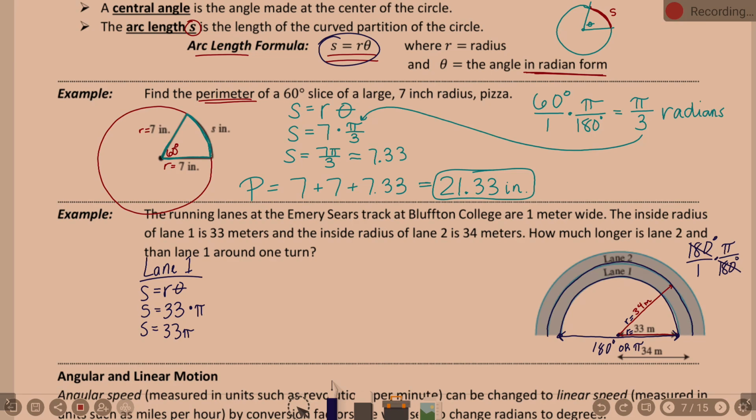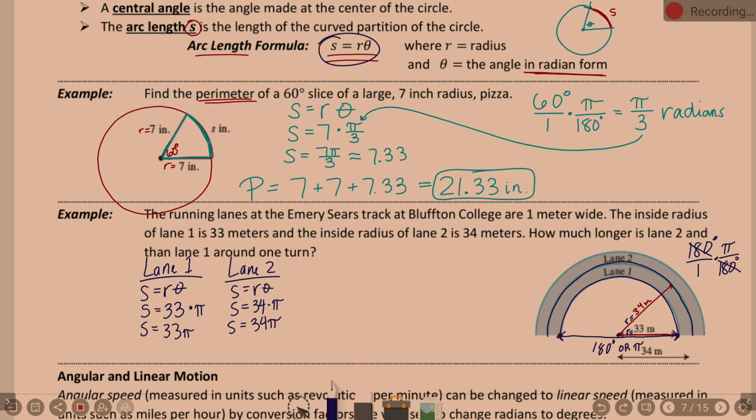Okay. What about lane 2? Again, think S equals r theta. What's your radius on lane 2? 34. What's my theta? What's my angle? Pi. What's 34 times pi? 34 pi.